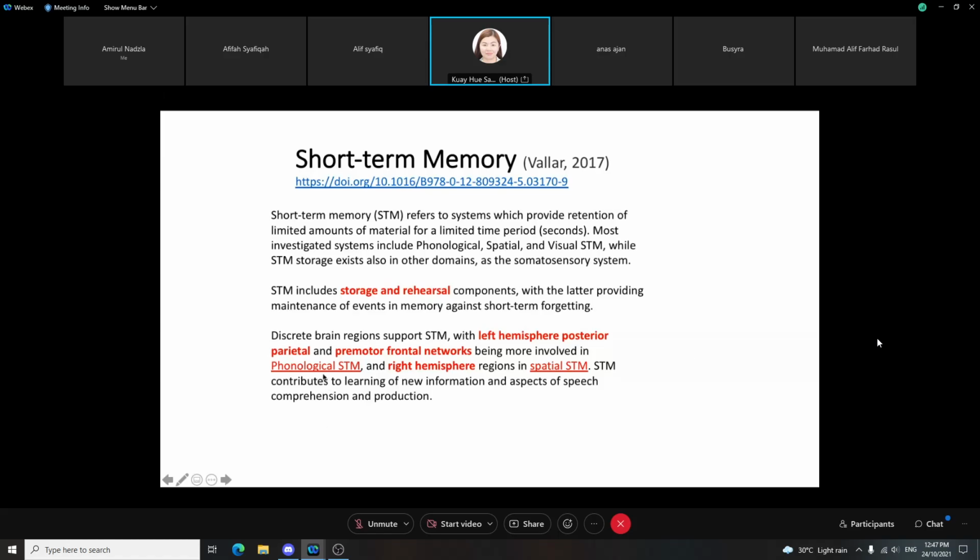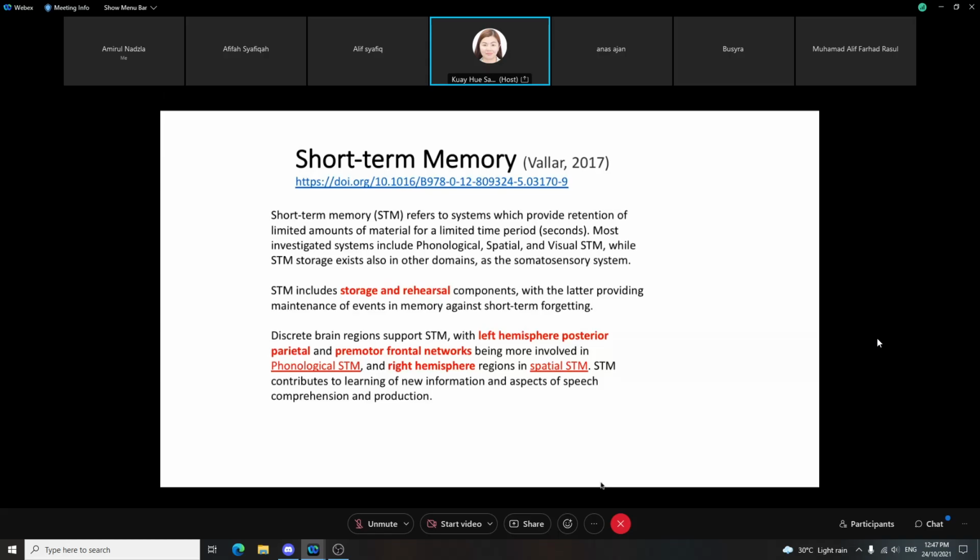There are discrete brain regions that support short-term memory, with left hemisphere posterior parietal and premotor frontal networks being more involved in phonological short-term memory, and right hemisphere regions in spatial STM.